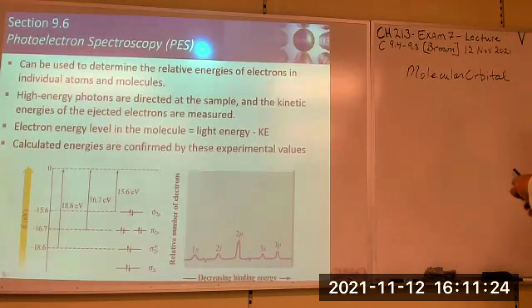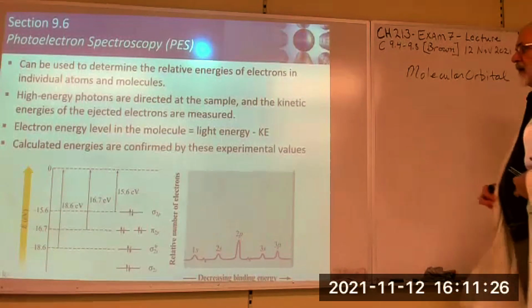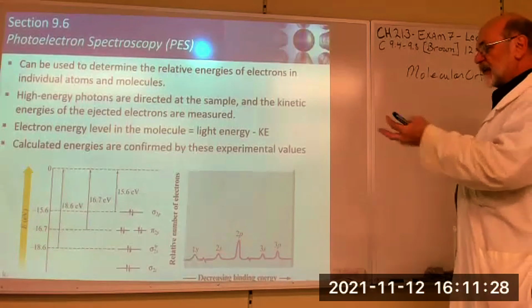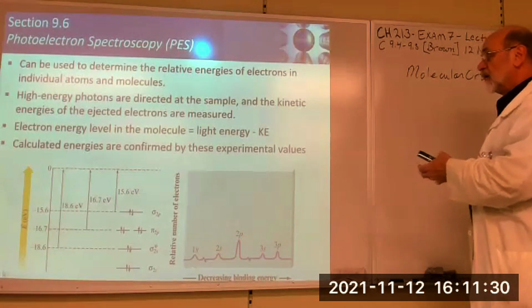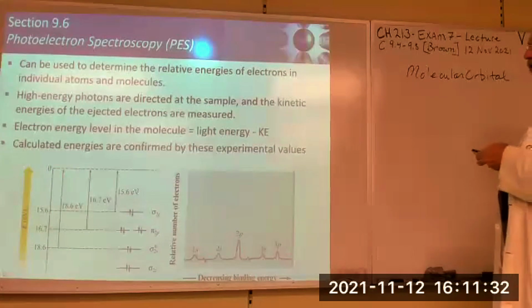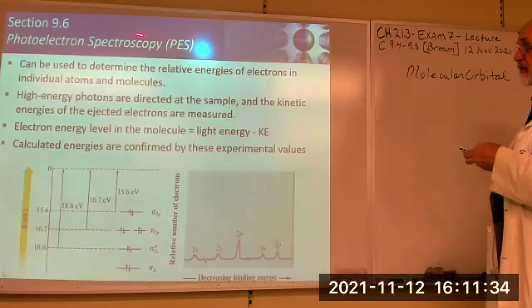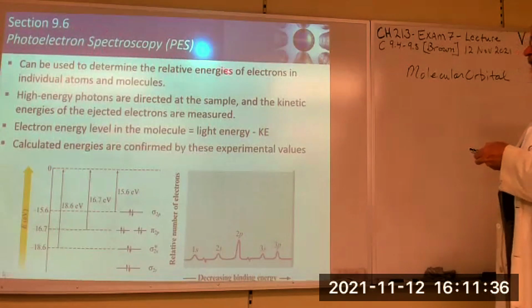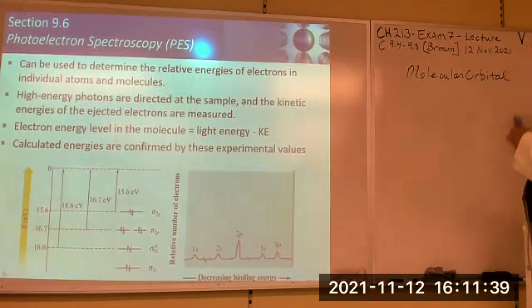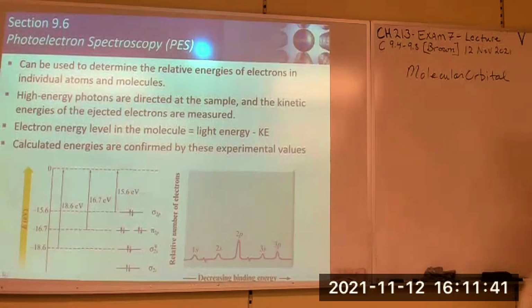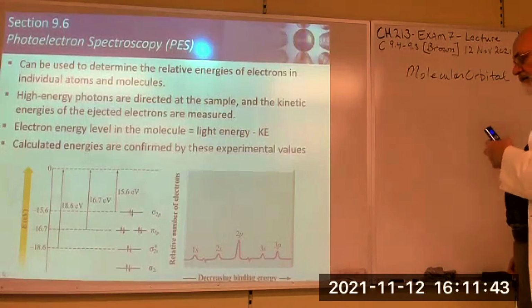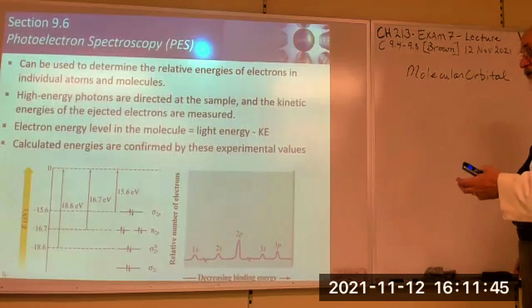Okay, one last thing. How do we gain some of this information? Well, one of the techniques that we can use is called photoelectron spectroscopy. And this is a way of determining the energies of electrons in individual atoms as well as molecules.